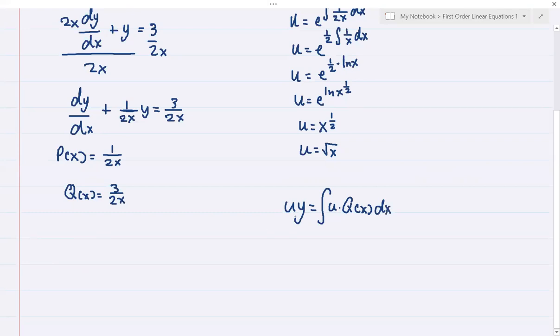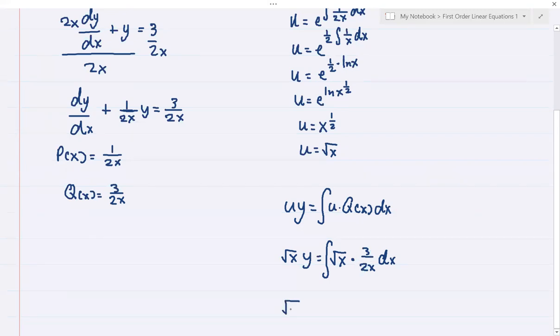So let's copy your u. You will have square root of x times y is equal to the integral of square root of x, then your q of x, 3 all over 2x. Okay. So first, I can bring out the constant here because 3 all over 2 is a constant.